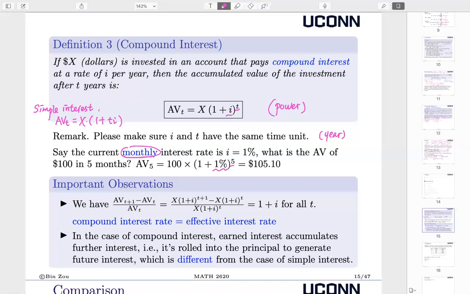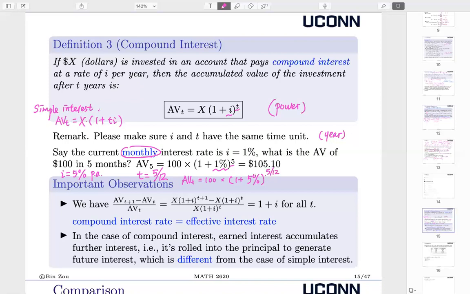However, if I tell you the interest rate is 5% per annum, still the same question, but now we need to convert 5 months into years, and there are 12 months in a year, so T is given in this form. Then your AV will be 100 times (1 plus 5%) to the power of 5 over 12.